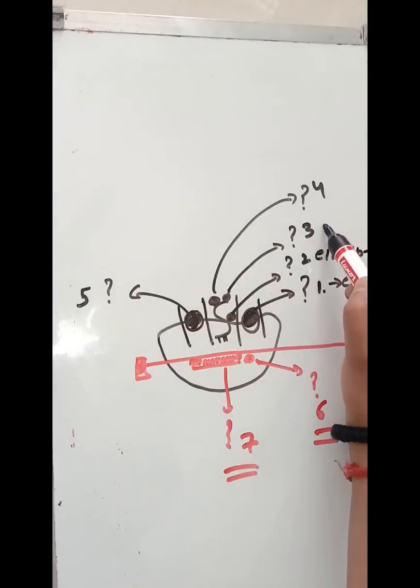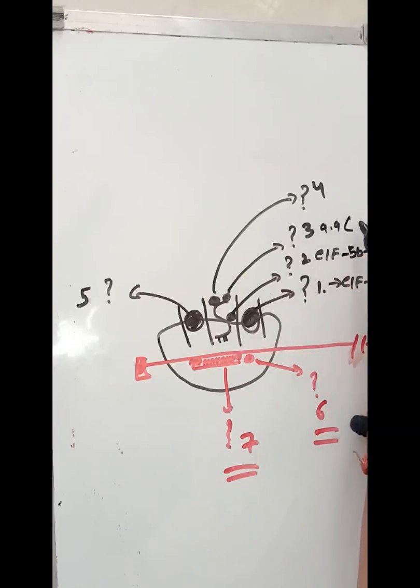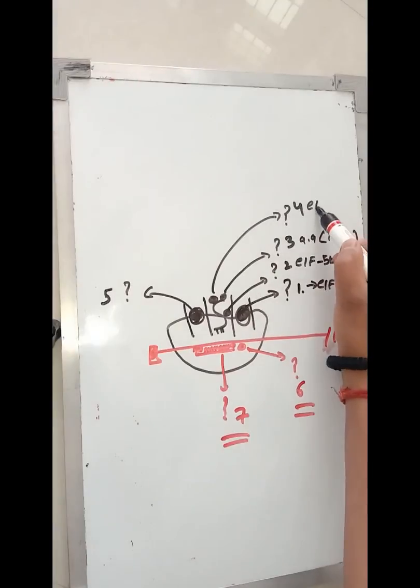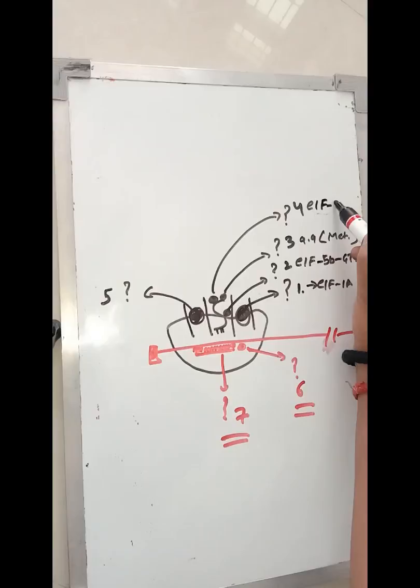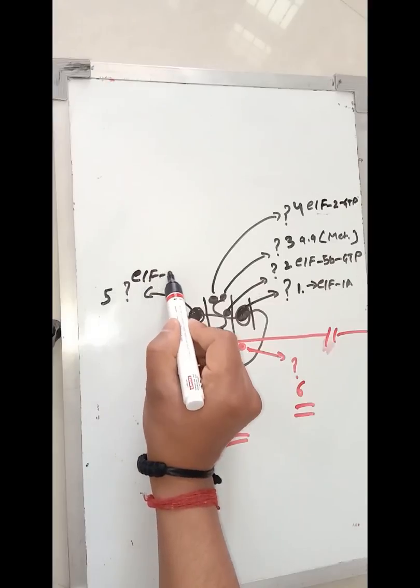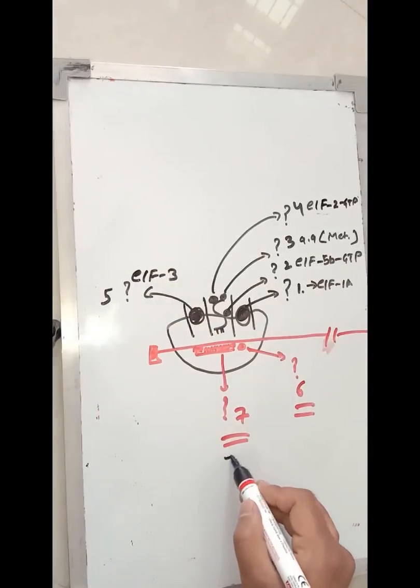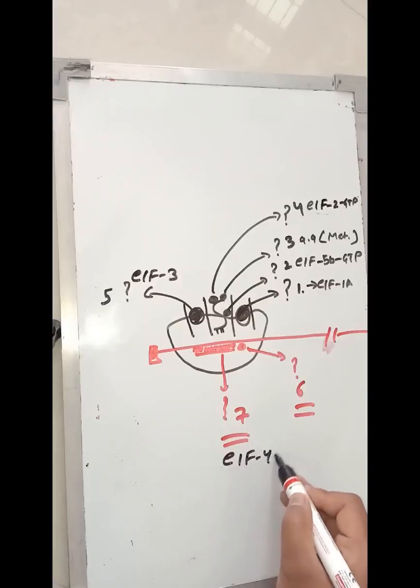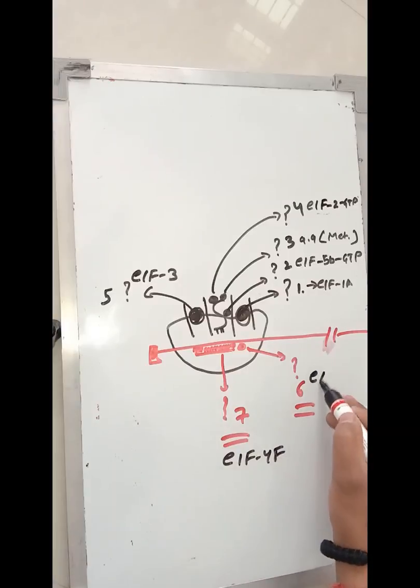So it is the amino acid, that is methionine, and this one is EIF, this is EIF2 with GTP, it is EIF3, it is EIF4F, it is EIF4B.